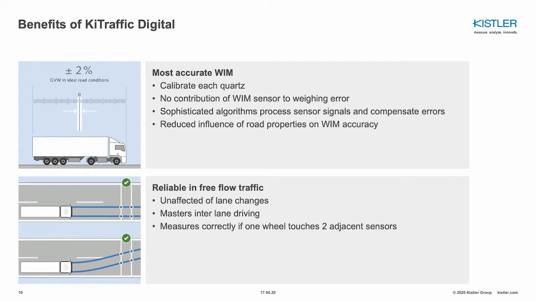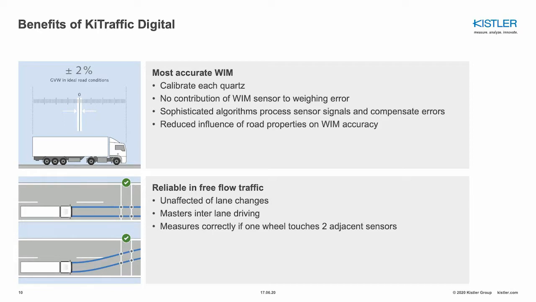And the last reason why KiTraffic Digital is really most accurate is that we have the capability to reduce the influence of the road on the WIM measurement. With the help of our structural road analysis service, we help to find the best location on the road and define the ideal layout for given conditions. In addition to this, the in-road sensor calibration helps as well to reduce the influence of the road and therefore get most accurate WIM readings.